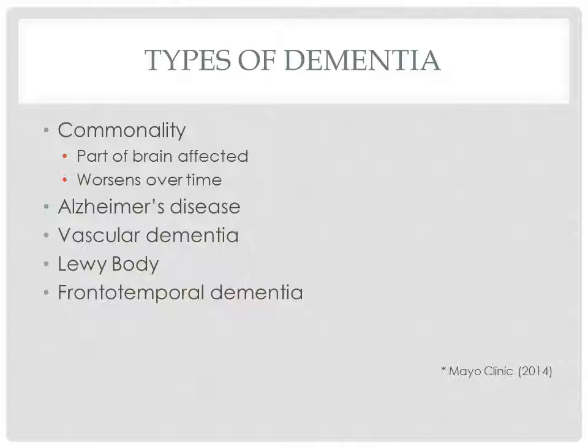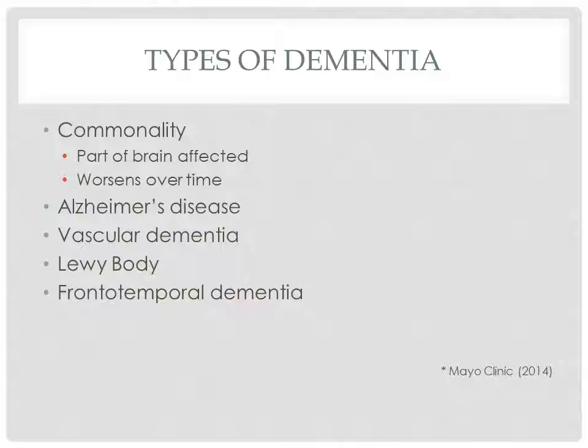There are several different types of dementia. Dementia can be classified in a variety of ways and is often grouped by what the types have in common, such as what part of the brain is affected or whether they worsen over time, progressive dementias. This information is provided by the Mayo Clinic.